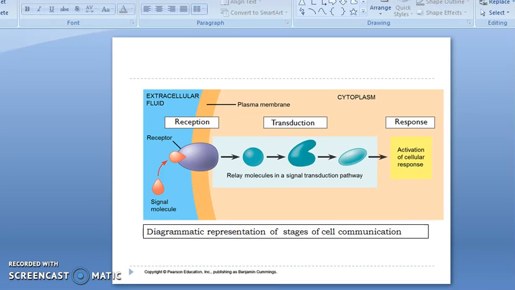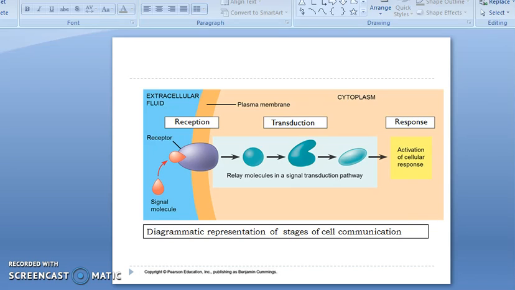Let me explain the first one, that is the reception. By seeing this picture, you can easily identify that a signal molecule is being produced in the extracellular fluid. It will try to occupy its own receptor, and the receptor is located on the plasma membrane of another cell or an adjacent cell. The occupancy of the signal molecule with the receptor is known as reception.